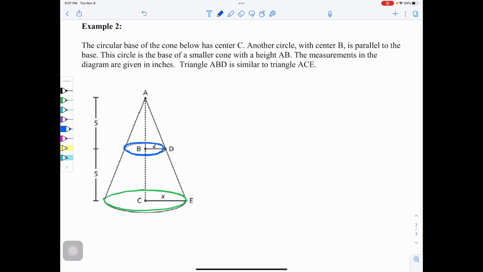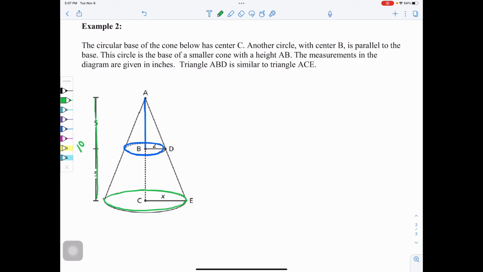So from there up, you have a second cone. The circle is the base of the smaller cone with a height of AB. So in the blue cone, we've got a height of AB. And along the side, I hope you see that they've shown us the height for the larger cone. 5 and 5 would be a total of 10.